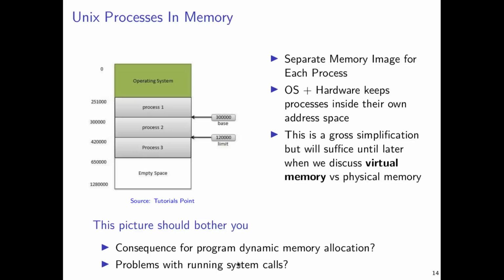The other part that's bothersome is how system calls could be implemented if this was our only abstraction. For example, as process 3 would make a system call, that's a function call, and the operating system functions need a stack to operate on as well, and so it becomes a question, do you put that stack in process 3's memory area, or do you put it somewhere else?